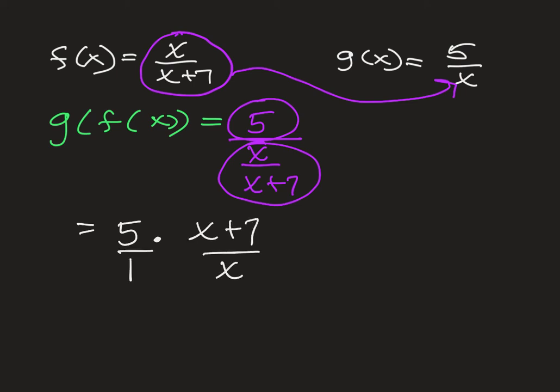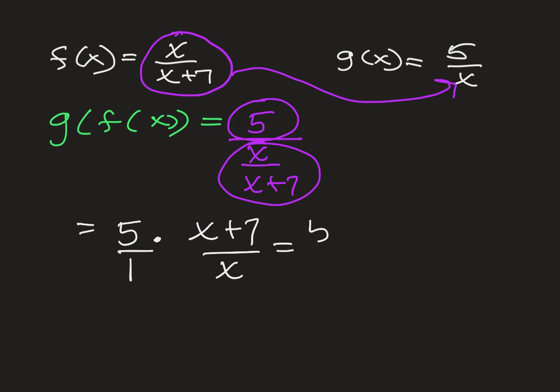So it's 5 over 1, if that's helpful, so that you can see both numerators, both denominators. And then, okay, I'll look to cross-reduce, but I don't see anything. Again, you want to resist trying to cancel those x's, because it's not an x and an x. It's an x plus 7 and an x, and those don't cancel each other out. So I'm just going to multiply across.